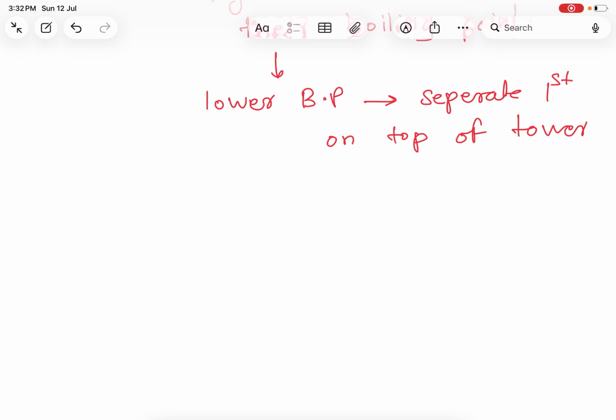We have different fractions that are separated, and all the fractions have different uses. So first we have refinery gas.